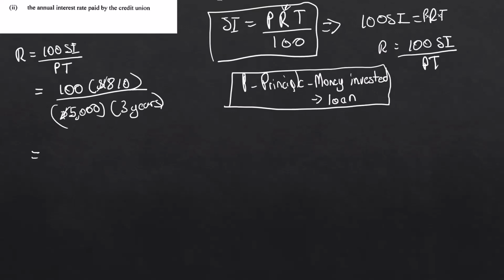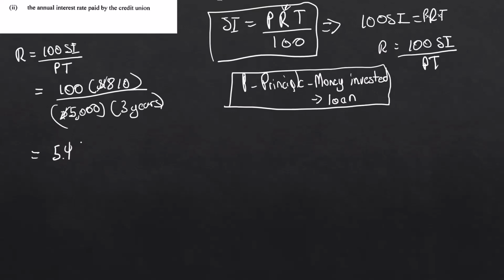Take your time and do it piece by piece if your calculator can't handle all of these numbers at once. So 100 multiplied by 810 divided by 5,000 times 3. You should get 5.4.